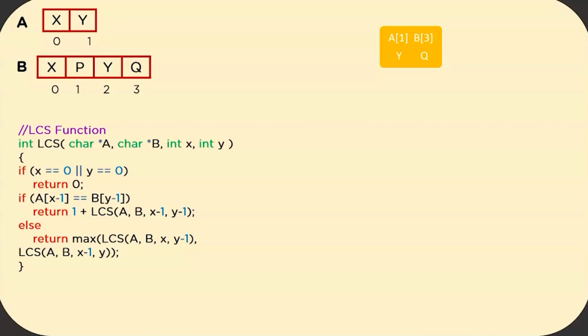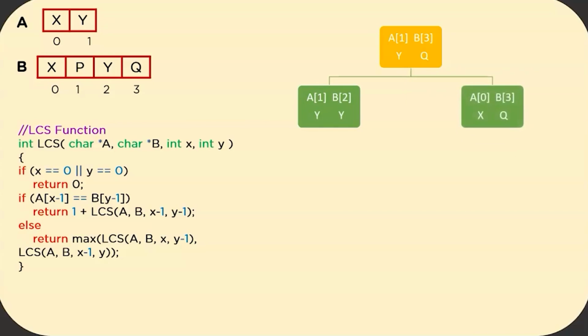If characters don't match, which is true in this scenario, we move either one character in string A or in second string B, and we'll choose whichever produces the maximum value. So, if we reduce B by 1 and keep A the same, then we have a character Y in both the strings. Whereas, if we keep B the same and reduce A by 1, then we have X and Q, which don't match with each other.